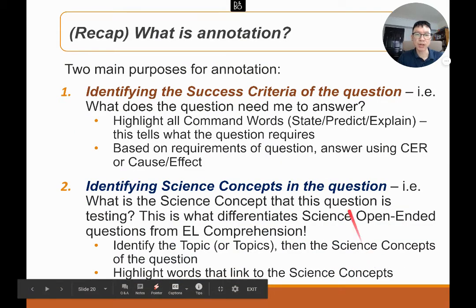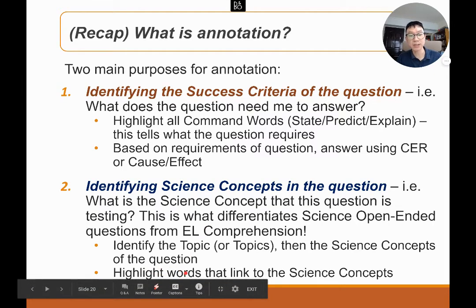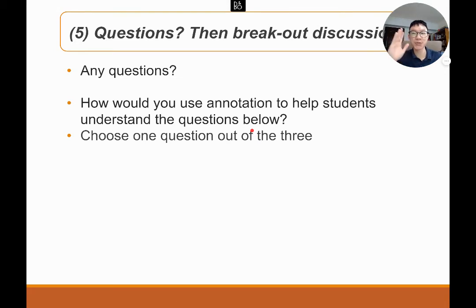So this is just a recap of the two purposes of annotation: to identify the success criteria of the question and to identify the science concepts, and then to highlight the words that link to those science concepts. Okay, so we will answer any questions on Zoom, and then we'll break out into different breakout rooms for our breakout discussions.